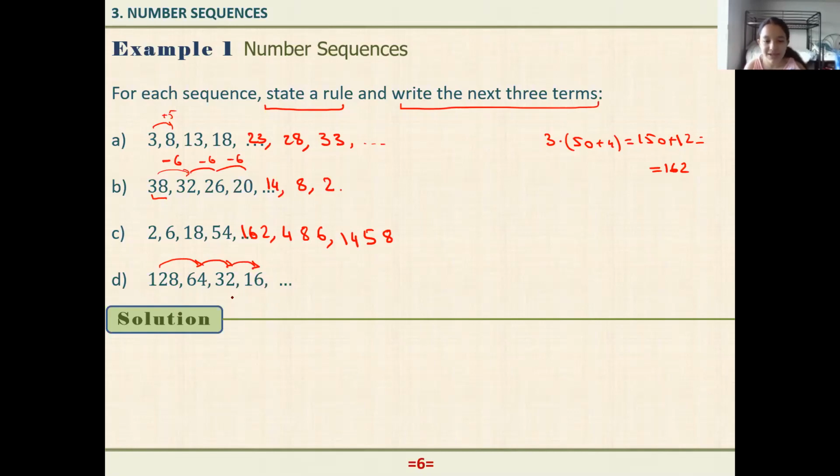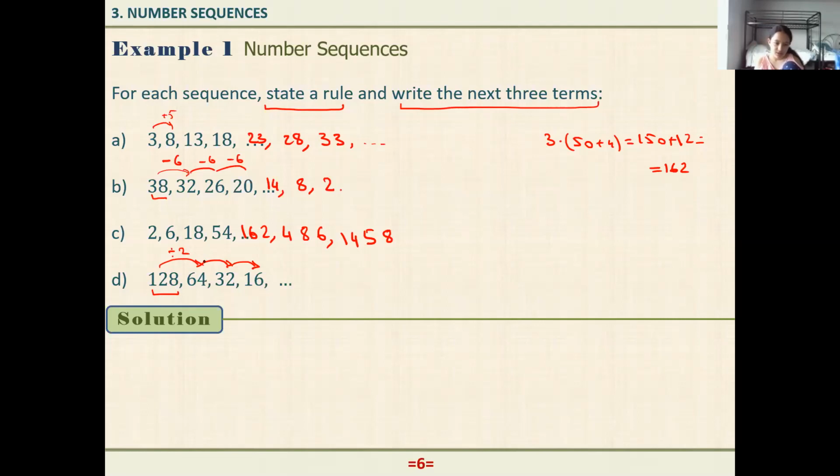Very good. If you do it the opposite, 16 plus 16 is 32, 32 plus 32 is 64, 64 plus 64 is 128. Now how can I get 64 from 128? Start with 128 and divide by 2 to get the next term. So here we have divide by 2.